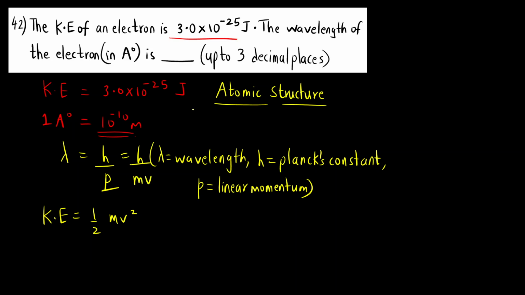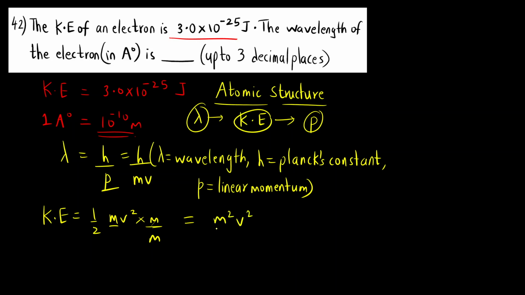So what can I do? We want the relation between wavelength and kinetic energy, so we have to find the relation between kinetic energy and linear momentum. I can multiply and divide by m, so they get cancelled and the overall value is still the same. m into m is m square v square divided by m. m square v square I can write as mv the whole square. mv is linear momentum, p square by, I missed this 2, so m square v square by 2m.